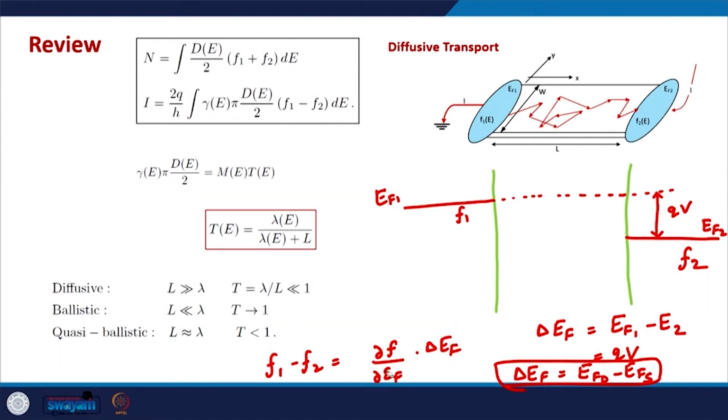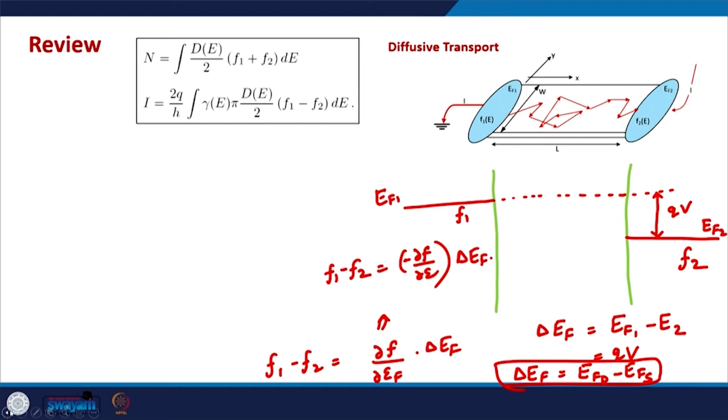Okay. F1 minus F2 can be written as minus del F by del E times delta EF, and the reason for that is that the Fermi function has a general form like this: 1 divided by 1 plus exponential of E minus EF by KT.